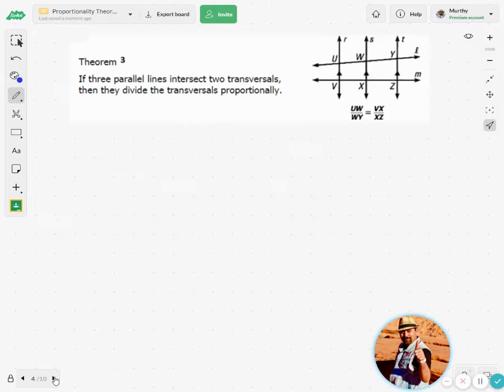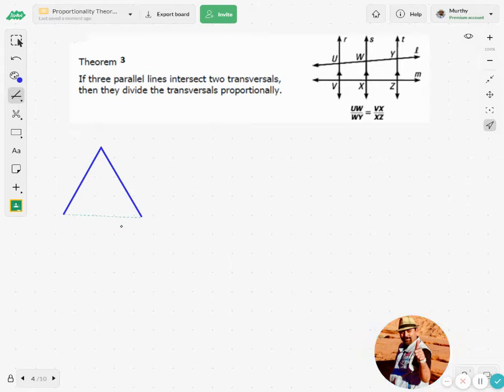Then let's go to the next one. I can't say that it is a different theorem, but it is an extension of the previous one. If three parallel lines, this is not one parallel line, this time three parallel lines. In the previous one, you learned about drawing one parallel line, right? So this is almost the same as the previous one.